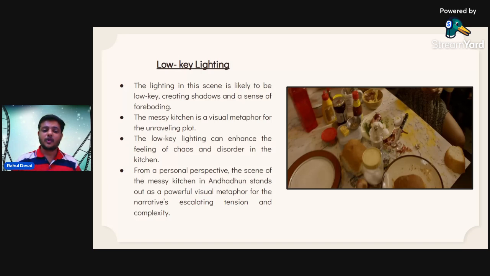According to my personal perspective, the scene of the messy kitchen in Andhadhun stands out as a powerful visual metaphor for the narrative's escalating tension and complexity. This messy kitchen provides various thoughts about tension, complexity, the consequences for the characters, and many more things.